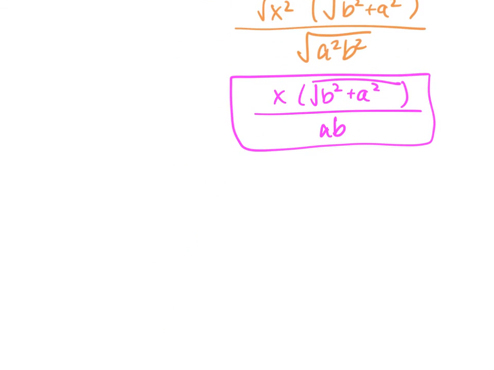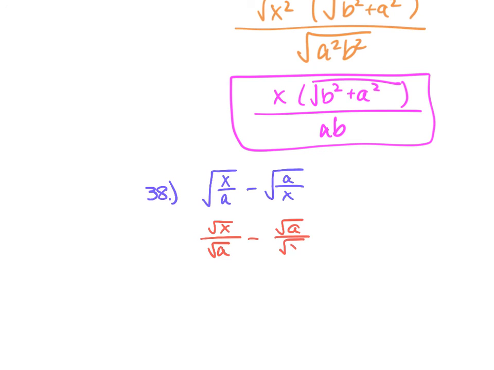For our last one, number 38, we have the square root of x over a minus the square root of a over x. So least common denominator between these, or if you want, you can rewrite it as the square root of x over the square root of a minus the square root of a over the square root of x. Least common denominator is the square root of ax.